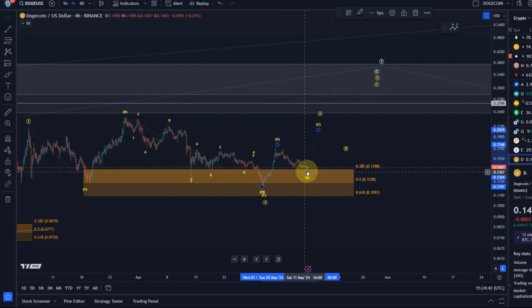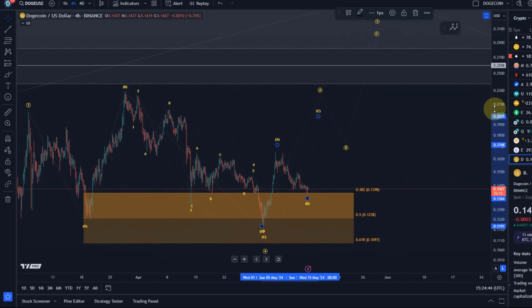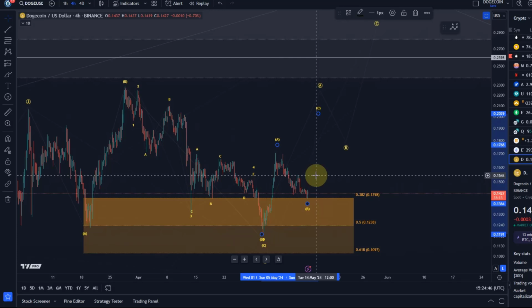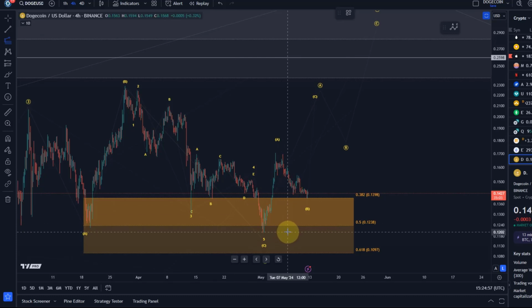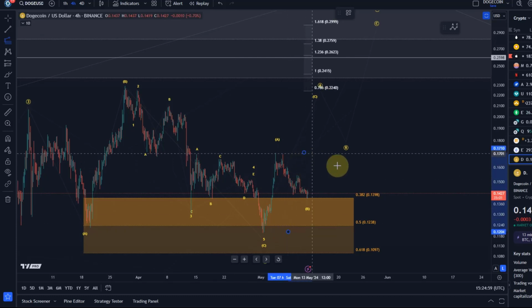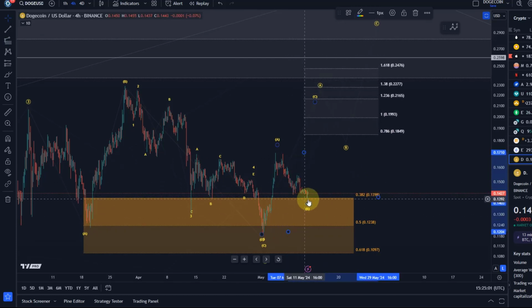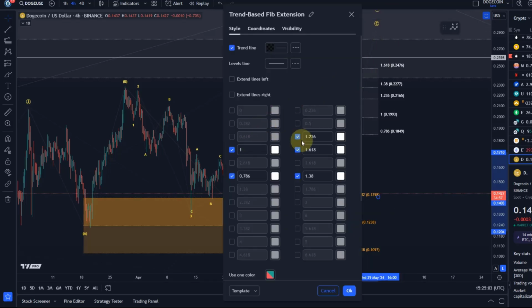A rally from here, minimally, we need to see a break above the last swing high here at 15.5 cents. Better, a break above that 17-cent level, that's the A wave high, and then from here, the C wave could reach. And this is a very temporary target area because it just depends on the low to be found here. There's no evidence for that at this stage.